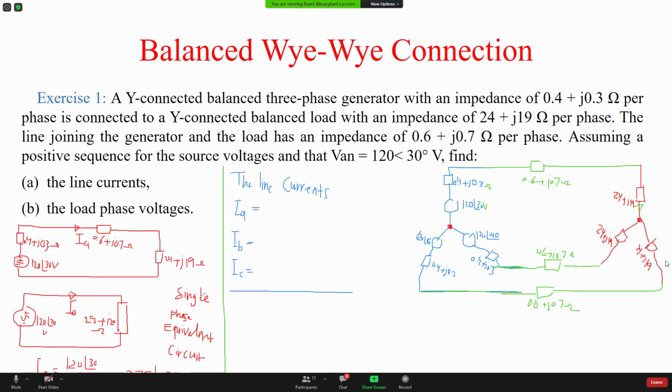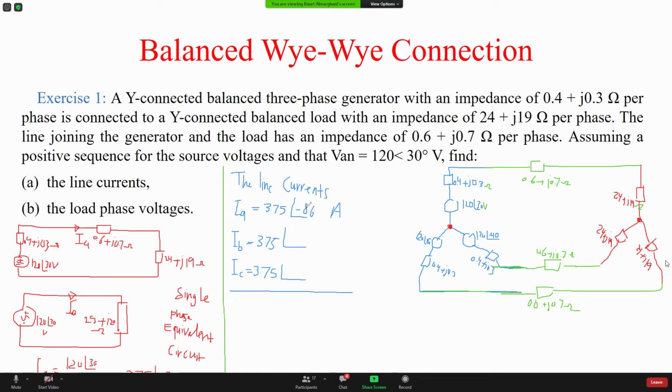IA is 3.75 angle minus 8.6, I think, ampere. Now IB will be 3.75. IC will be 3.75. This is straight away: magnitudes are equal, balanced system. Now the angle, because it's positive sequence, you go minus 120, plus 120.